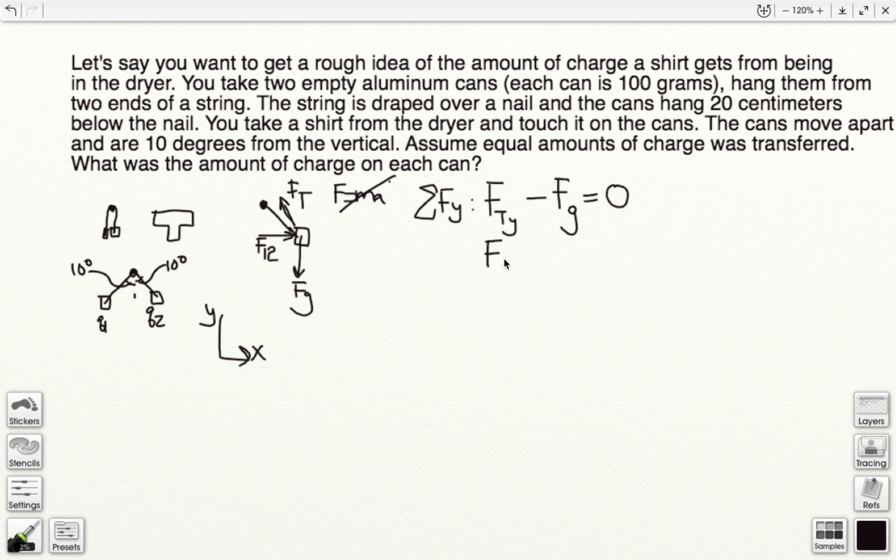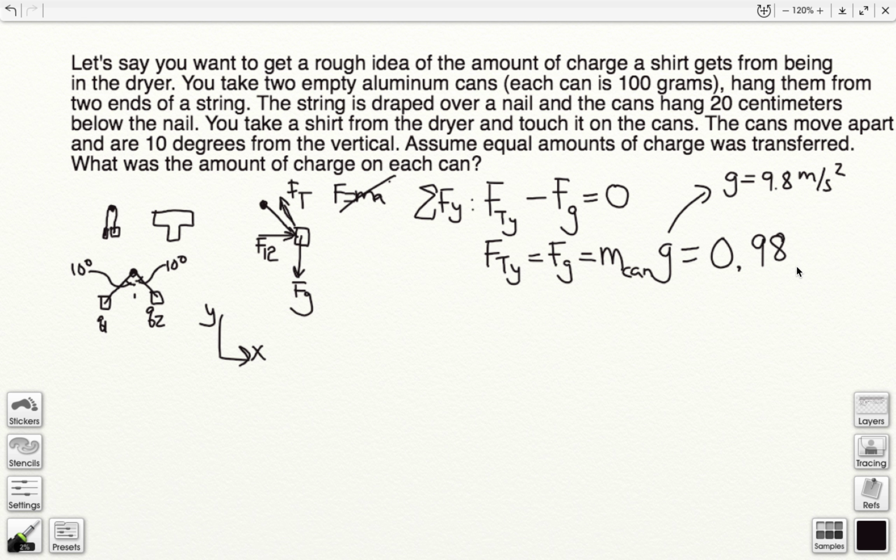So the tension force in the y direction is equal to the gravity force, which is the mass of the can times g. I'm going to work this problem in SI units, so kilograms, meters per second squared, newtons. g, as you remember, is 9.8 meters per second squared, and the mass of the can is 100 grams, which is also 0.1 kilograms. So 0.1 times 9.8 gives us that the tension force in the y direction is 0.98 newtons.